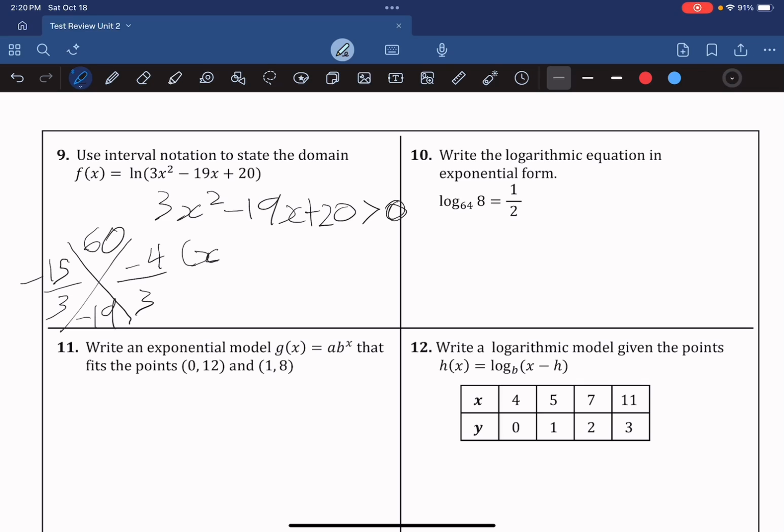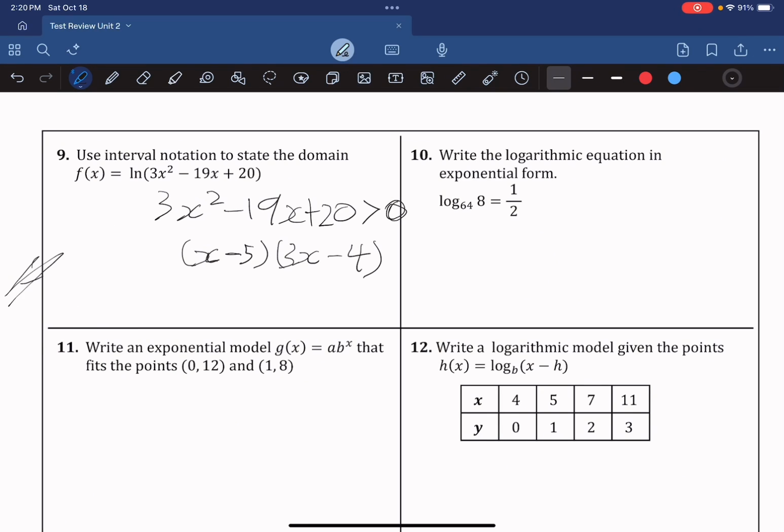So x minus 5 times, with negative 4, the 3 doesn't cancel, so we do 3x minus 4, right? There we go. Gosh, doesn't want to cancel out. Goodness gracious. All right, so your domain will be x is bigger than 5 and x is bigger than 4/3.